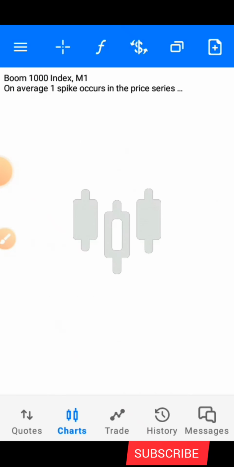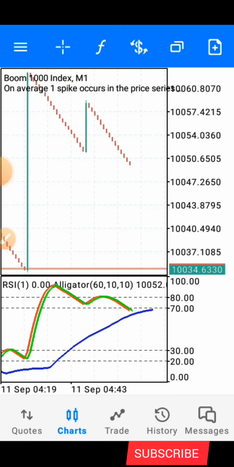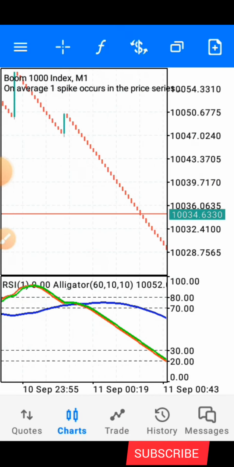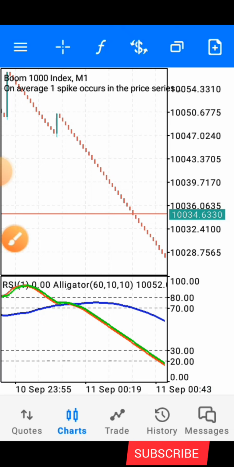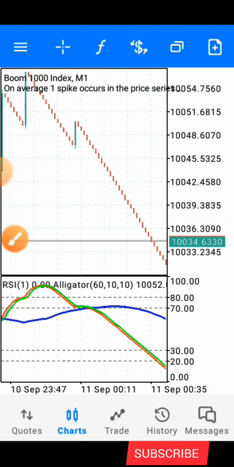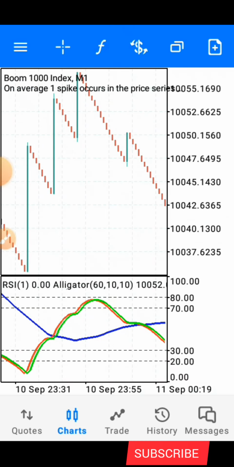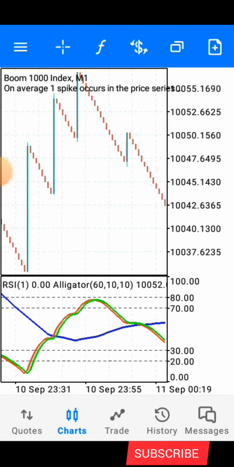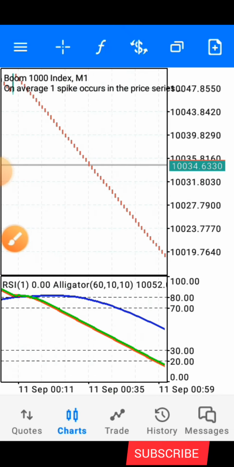Go to your 1 minute time frame, wait for the crossing to happen, then take your entry. Don't forget to allow this indicator to first touch the overbought level here. In the case of Crash, it will need to touch the oversold level, which is down here, before you wait for the crossing to happen and then take your entry.